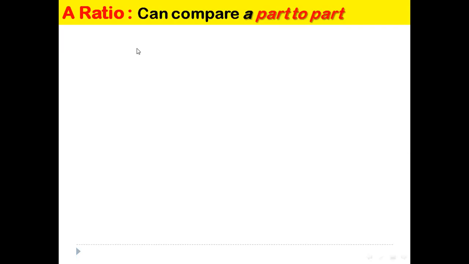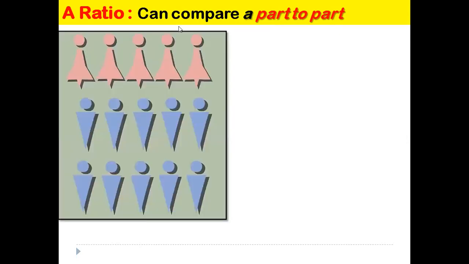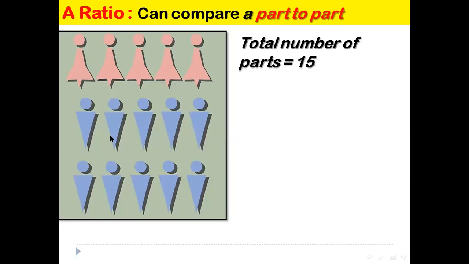The ratio can compare part to part. Now look, how are we going to compare and write ratios? Here we have random shapes, some of them pink, some of them blue. If you count all the shapes, you're going to find 15 shapes in total, blue and pink all together.